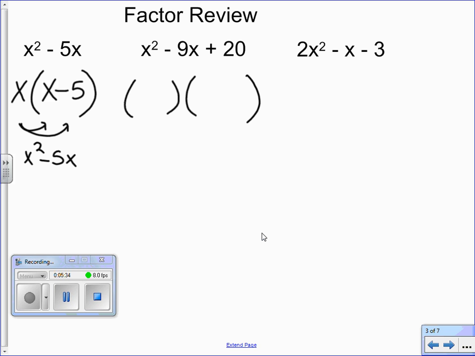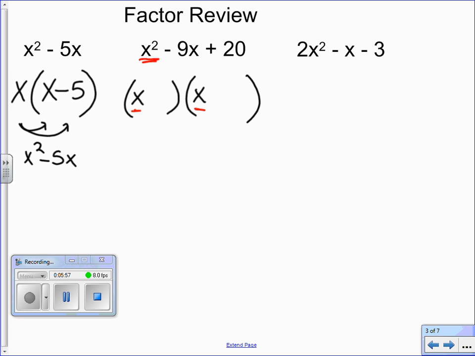And one thing I know about foiling or distribution is to get this x squared, I multiplied the very first terms in the group of parentheses. So what multiplies to make x squared? X times x. Okay, so I can put the x and the x there.